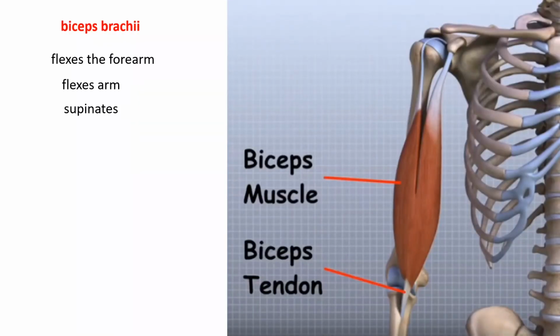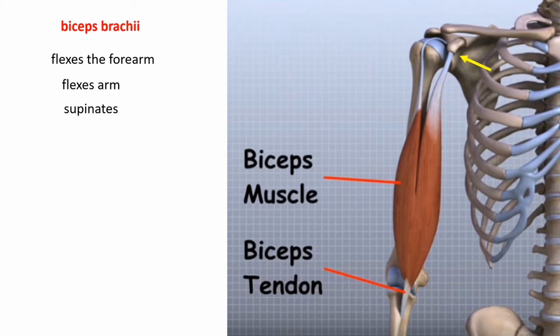Let us summarize the story of biceps brachii. What does it do? It flexes the forearm and flexes the arm because it arises from higher up at the shoulder joint, especially the long head, and it supinates. That means it puts the palm from posterior to anterior.